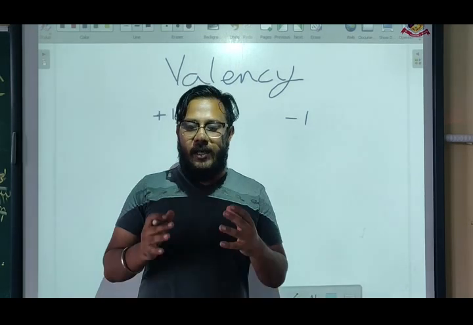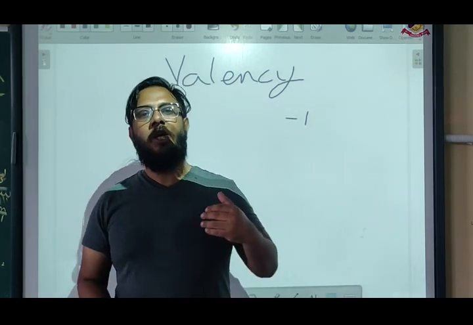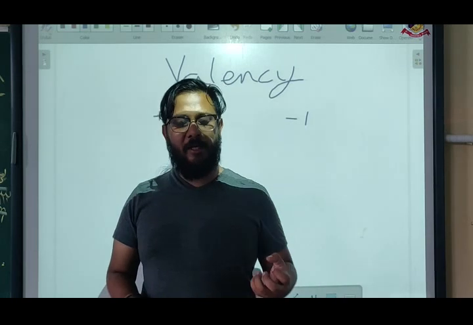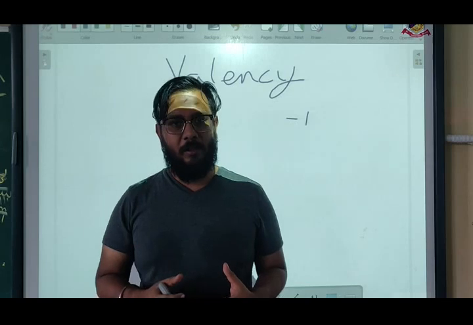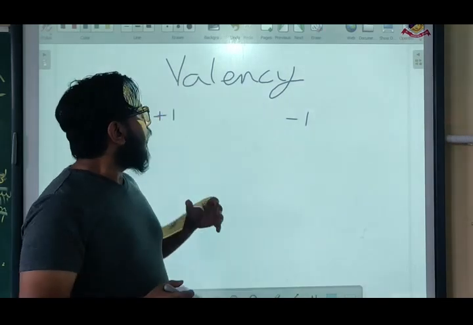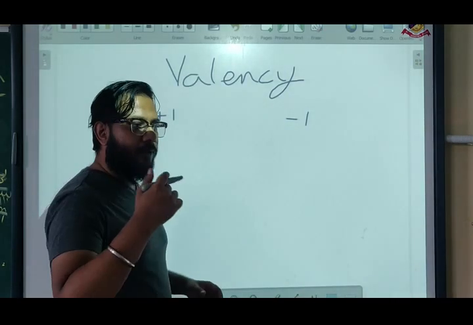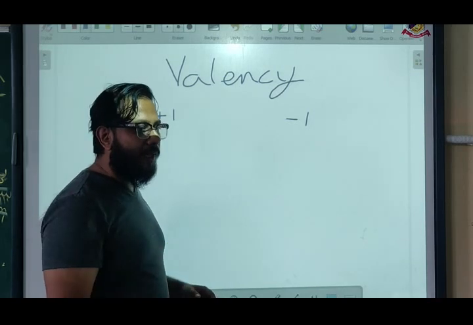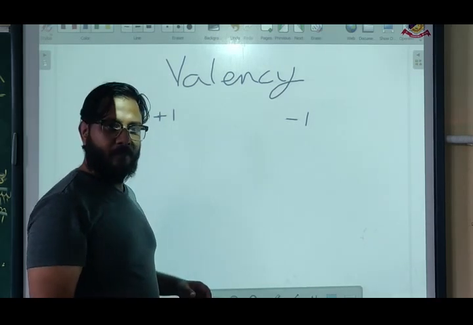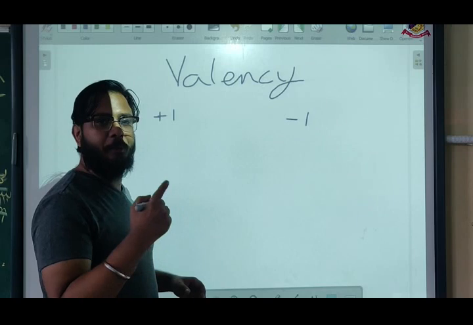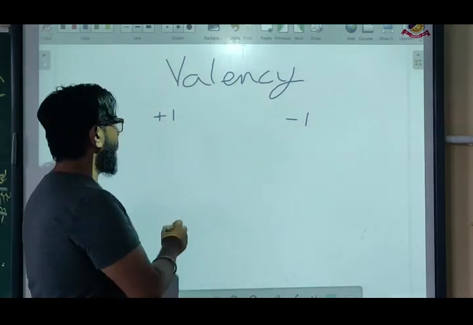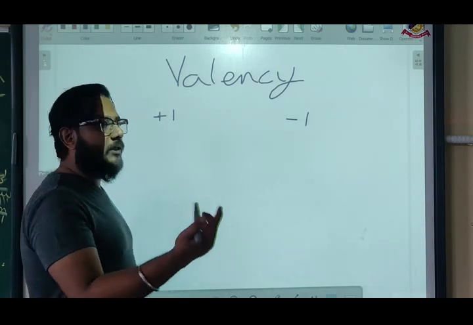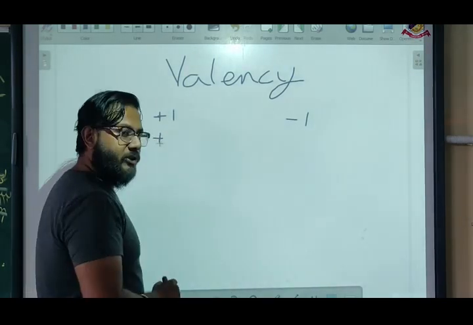Okay, valency again is the number of electrons you give or take to be stable. Okay, and if you give 1 electron, you'll be positively charged, so your valency will be +1. If you give 2 electrons, then again you will be positively charged, right?